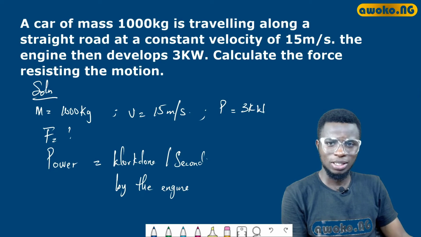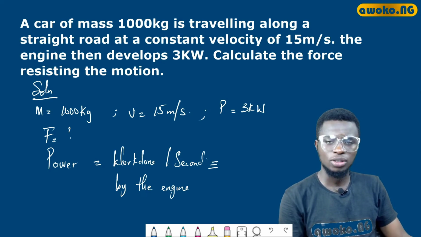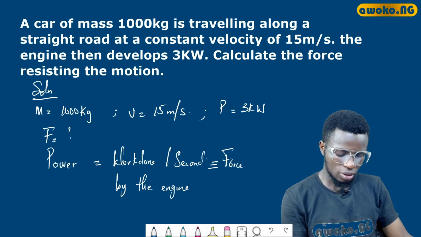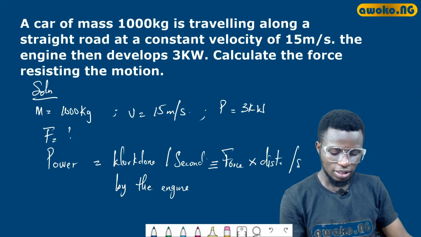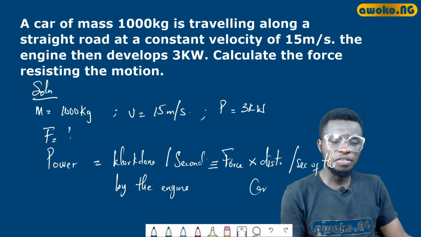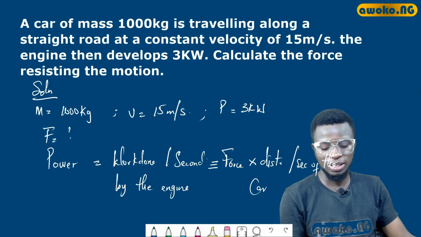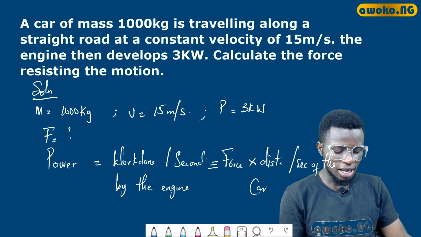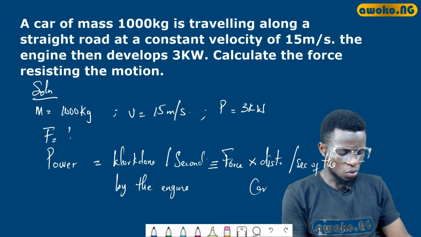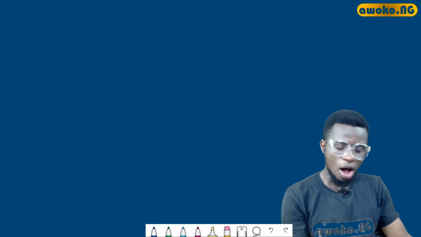And this work done per second by the engine is also equivalent to the force times the distance per second of the car. So we have this relationship, work done per second by the engine equal to the force times the distance per second of the car.